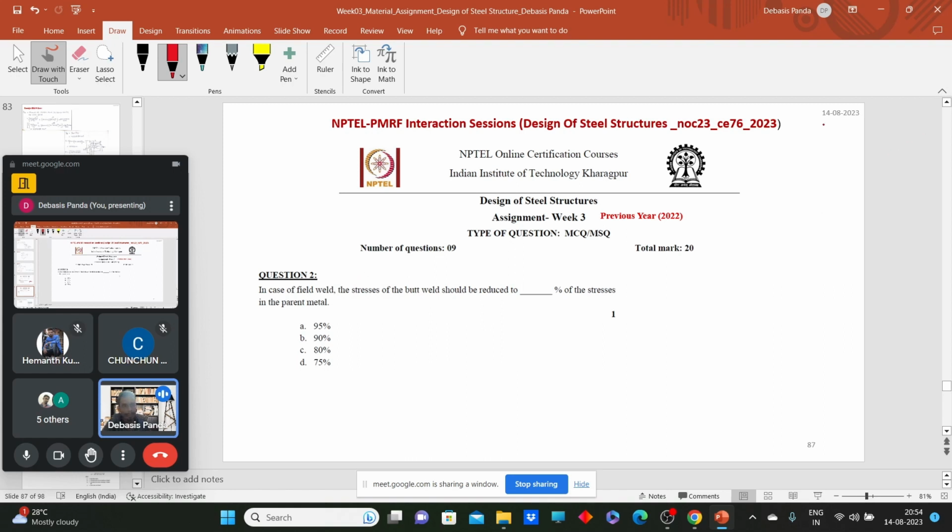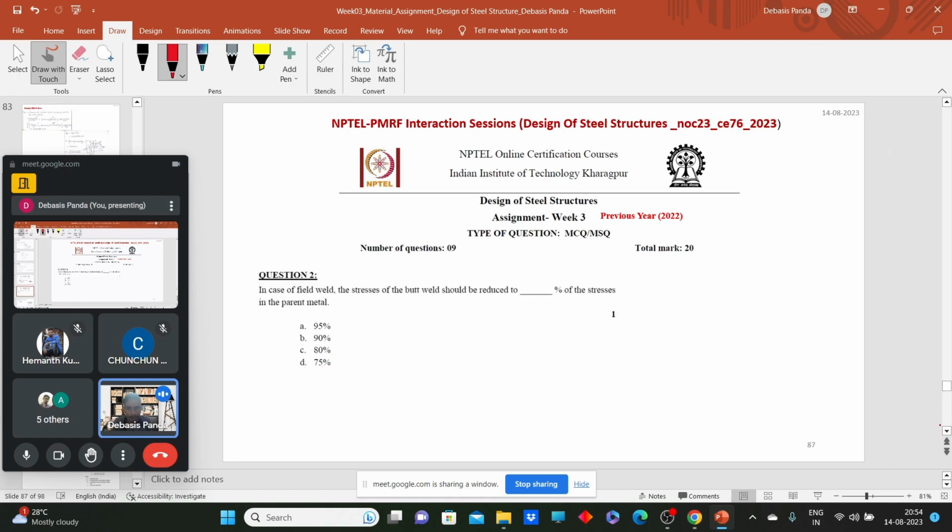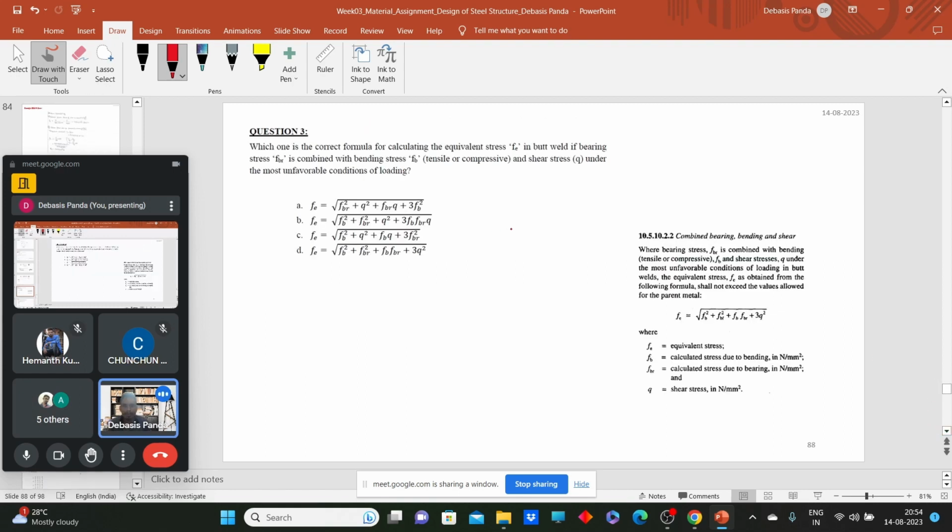But here the 5/8 option is not there, so we have to go for 7/8. Now, in case of field weld, the stress of the butt weld should be reduced, as I have told you, to 80%.